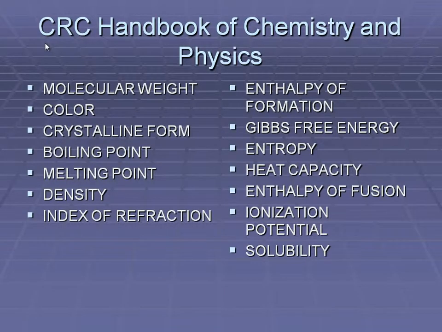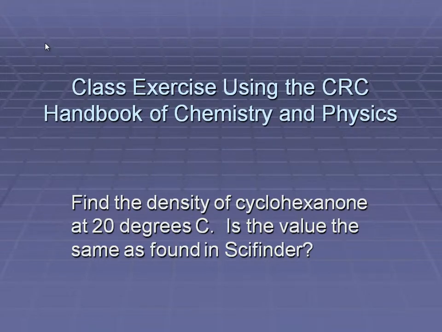Again, here are some of the physical properties that you can find in the CRC Handbook: molecular weight, enthalpy of formation, boiling point, melting point, entropy, heat capacity, and so on. I obviously don't have the CRC Handbook in front of me, but what you can do, the same thing I found in SciFinder, see if you can find that value in the CRC Handbook and see if it matches.